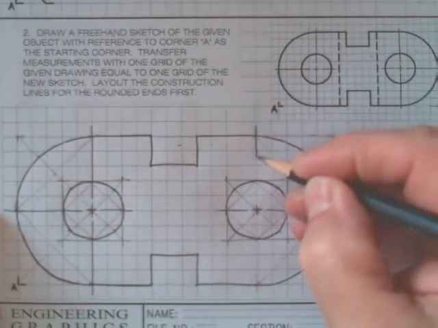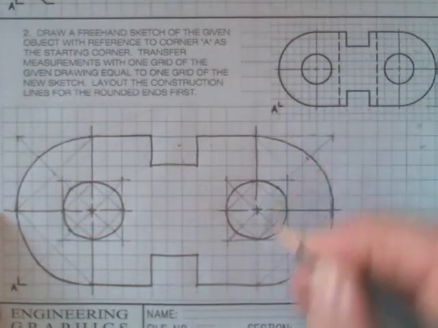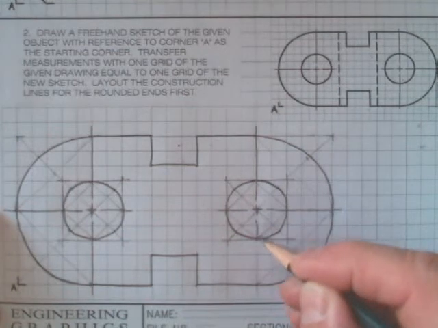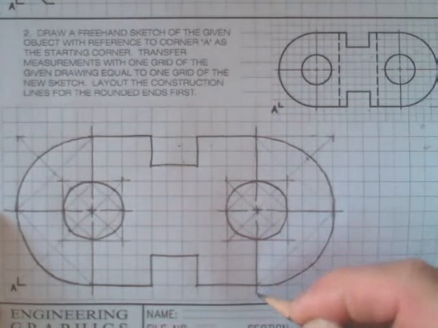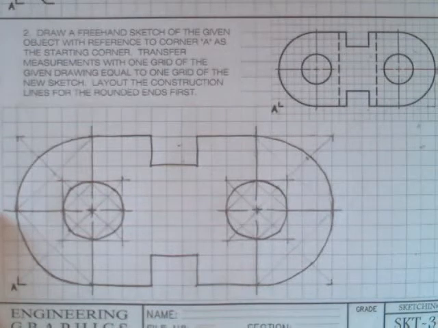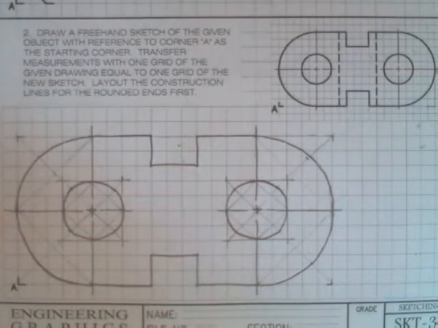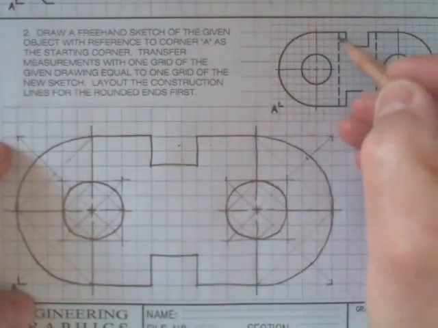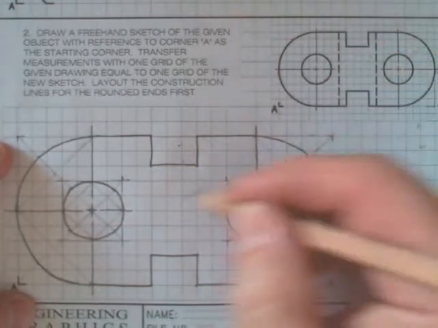Right here's the point of tangency where the circle or the curve ends, the arc ends, and the straight line begins. So there are my center lines. The last thing I need to do, I'll come back and add my hidden lines. They're one grid over on each side.